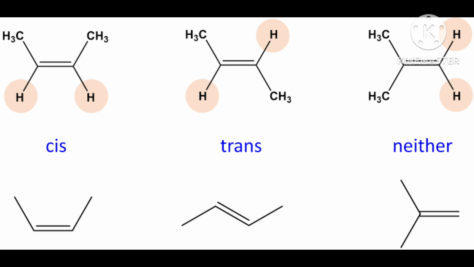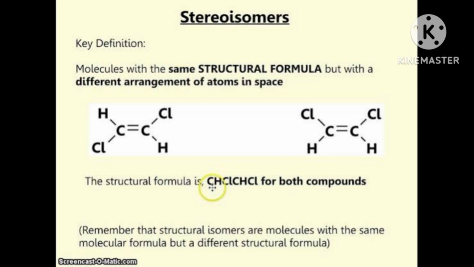First Cl was in an adjacent position, now Cl is in trans, diagonal. They are far apart. Always in trans, the same group will be farthest, maximum far. But in cis, both groups will be close, closest. That's why the second nomenclature will be trans-1,2-dichloroethene.